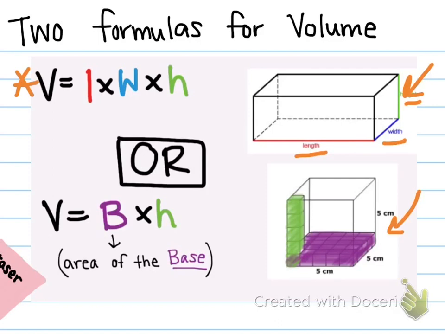So it would be easier in this case to use the area of the base times the height. In the different examples that we do today, I want you to think about which formula would be best to use and why.